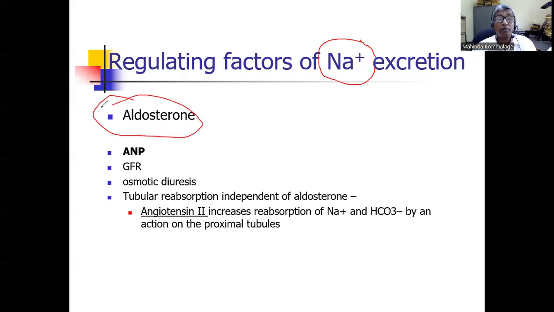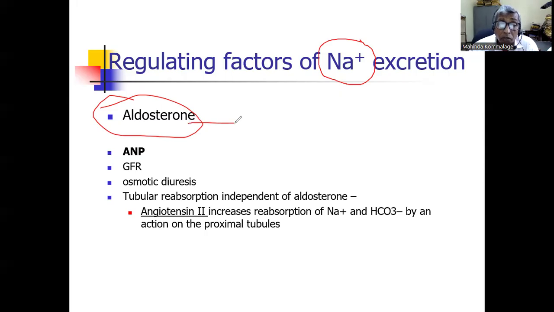One is aldosterone. Right? I already mentioned. So aldosterone will act on renal tubules, reabsorb sodium, and of course, together with that, excretion of potassium. So in this mechanism, renin-angiotensin is important for aldosterone regulation.